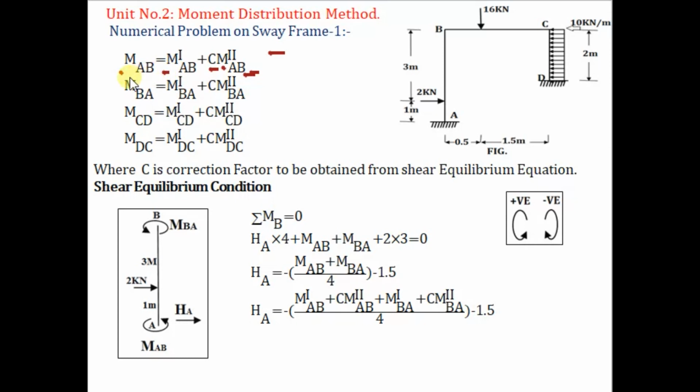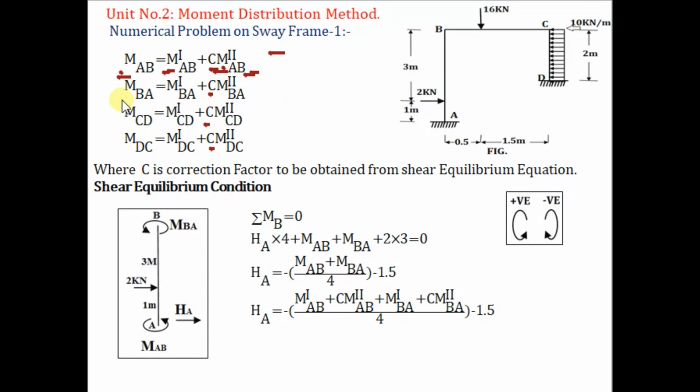So the end moment is nothing but the moment calculated by considering the frame as a non-sway frame. This one is the first moment, and the second moment is the moment by considering the frame as a sway frame, and there we apply the correction C. So C stands for the correction which we apply for the sway moment.